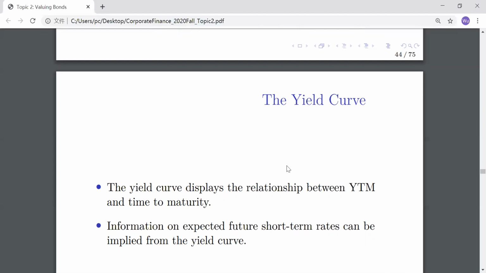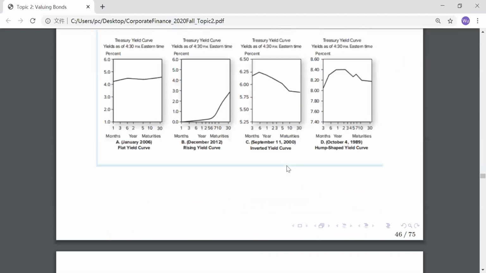It tells you the yield to maturity for bonds of 10-year maturity versus a bond of 30-year maturity. It gives you different yields to maturity. We can use the yield curve to infer the future short-term rates. We're going to do this inference in a bit.